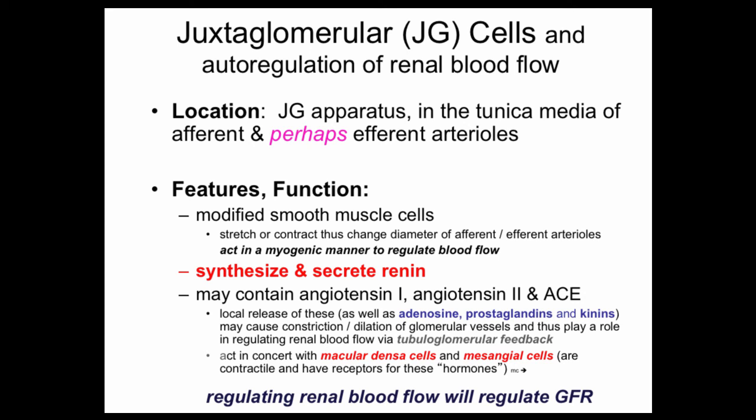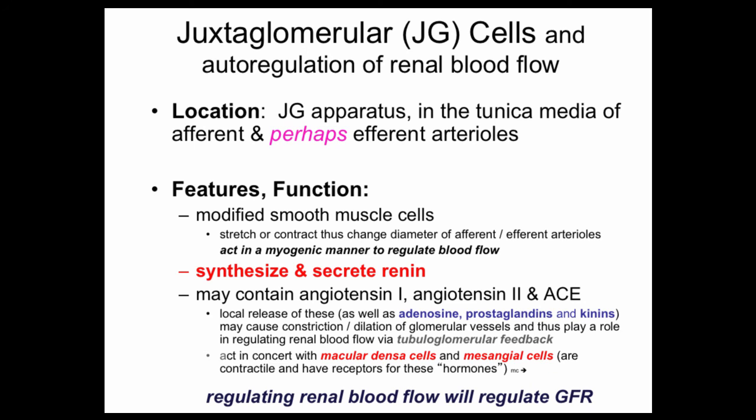They thus may play a role in tubuloglomerular feedback, which then will play a role in regulating glomerular filtration rate. But frankly, we don't understand a lot of the mechanisms about this tubuloglomerular feedback.